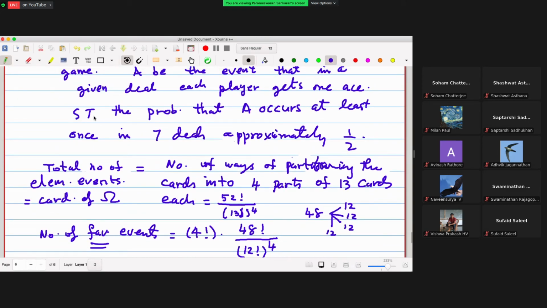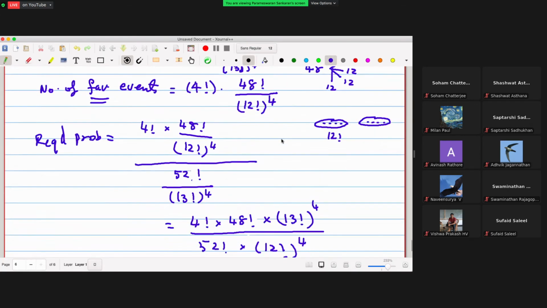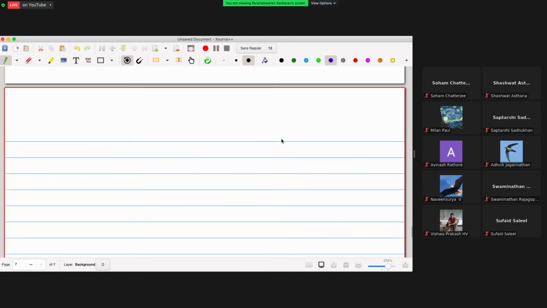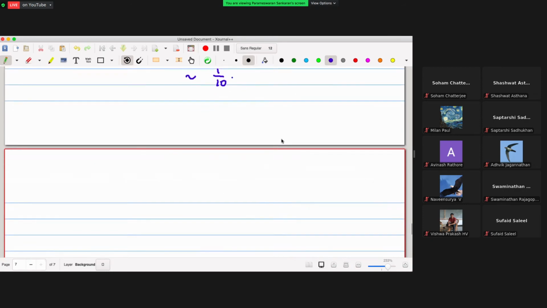So show that the event A occurs at least once in 7 deals approximately. So the probability of A occurring once in 7 deals is approximately 1 by 2. Okay.